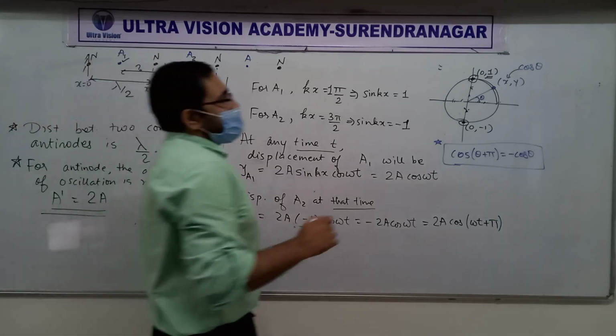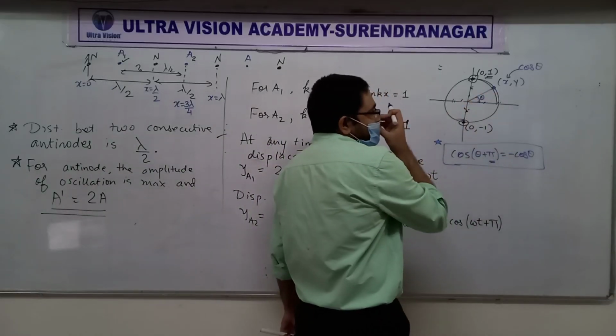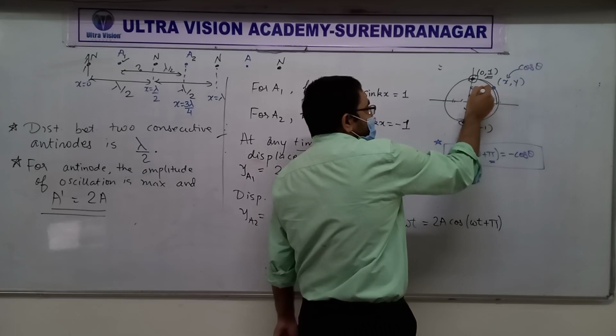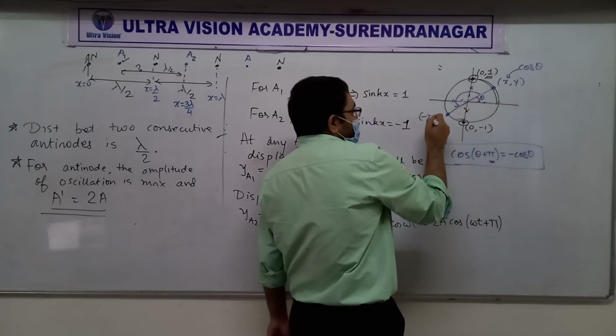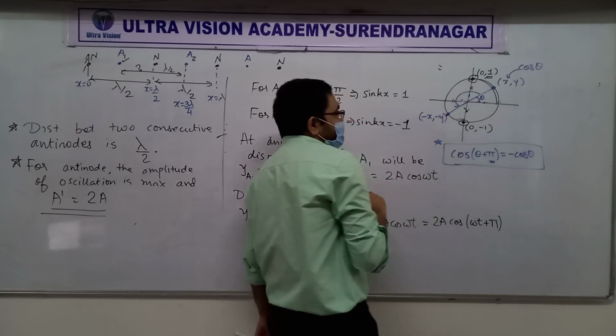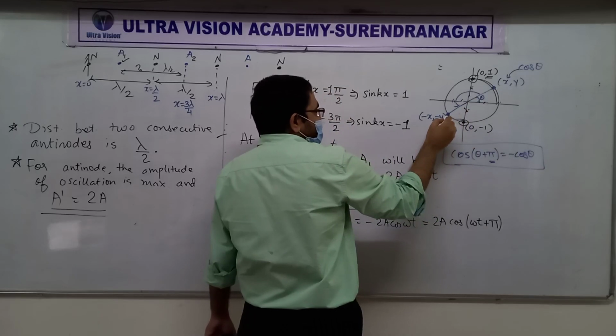Now, if you take an angle which is more by pi, that is 180, then instead of going on this side, it will go all the way here. Do you realize that this point will be minus x, minus y? If this is x, y, this will be minus x, minus y.